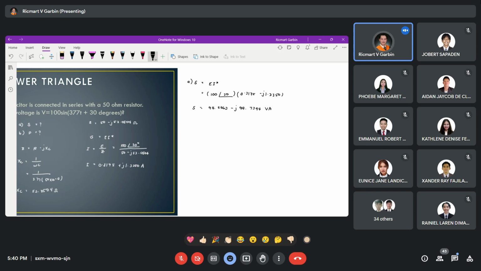Tama naman. So we have 50 minus J53.0504, and the impedance magnitude is 72.89.